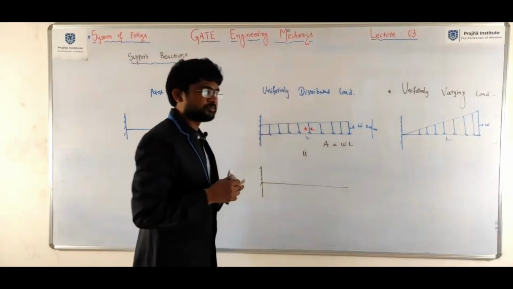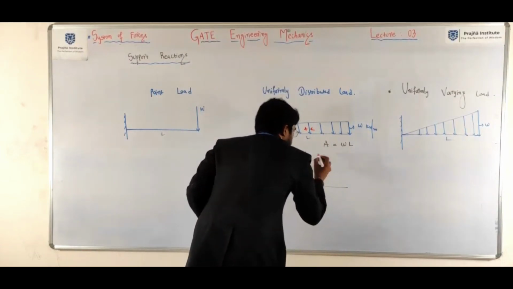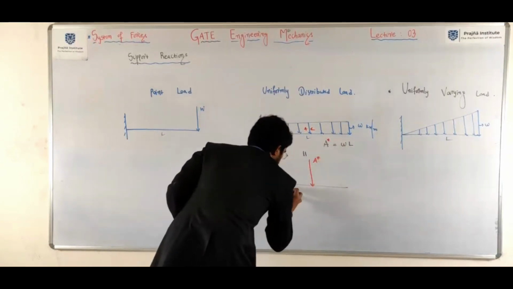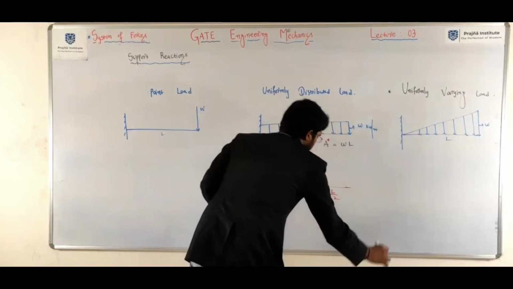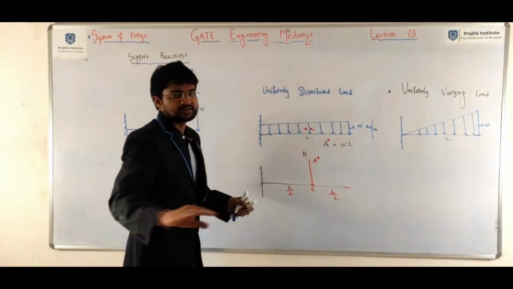This is the centroid of the rectangle, and this is the area, you can call it A star. This is L by 2. Just calculate the area and place it at the centroid.